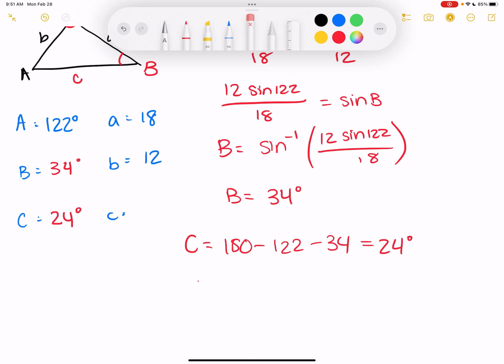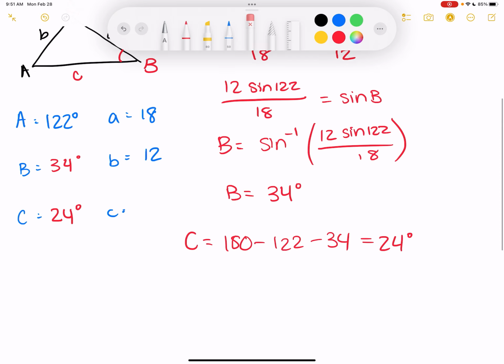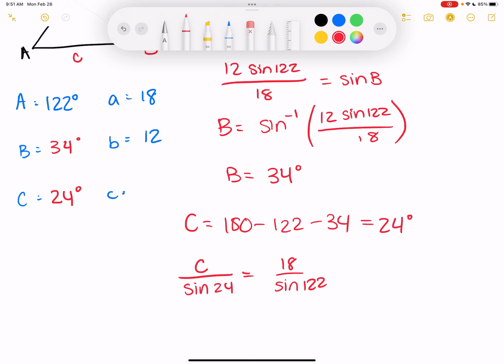So I want to find a side length, so I'm going to use the flipped version where the side lengths are on top. So I'm going to do C over the sine of 24 is equal to 18 over the sine of 122. So C is equal to 18 sine of 24 divided by the sine of 122.